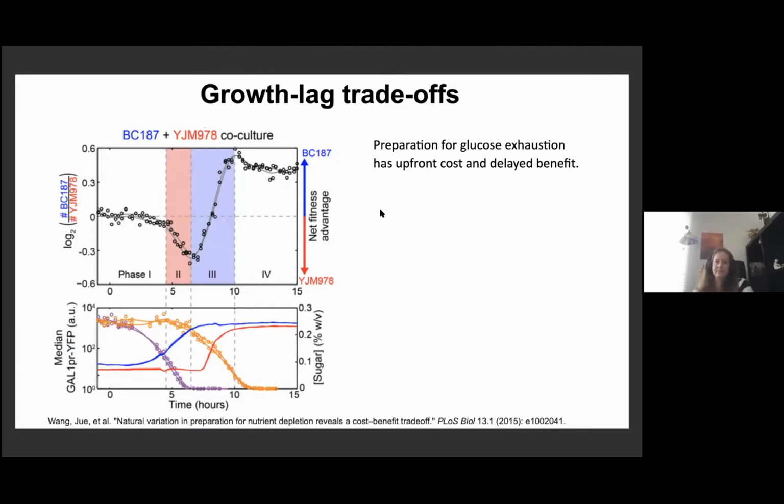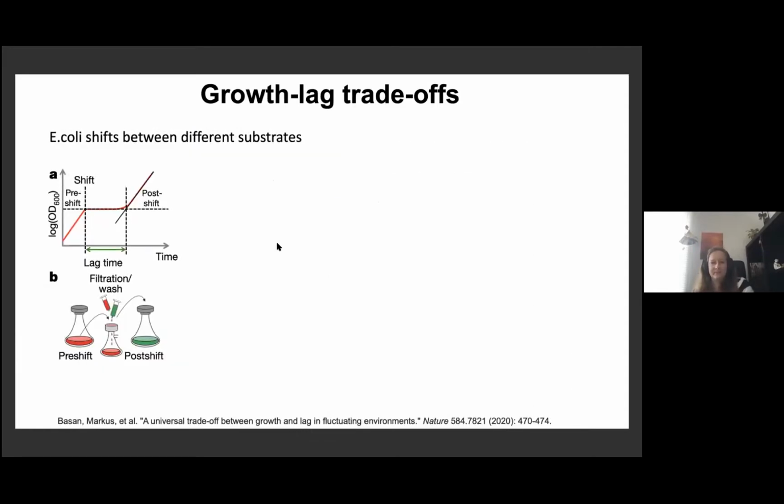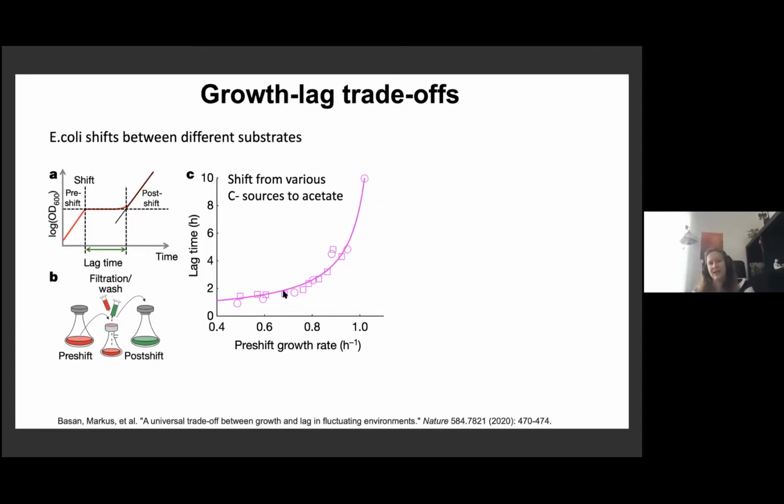And basically, in many other papers, people were showing that this growth-lag negative dependence actually happens. For example, for E. coli, people were measuring this growth on the primary resource versus lag when you shift to another substrate. And there is this nice dependence, no matter what your primary resource is.